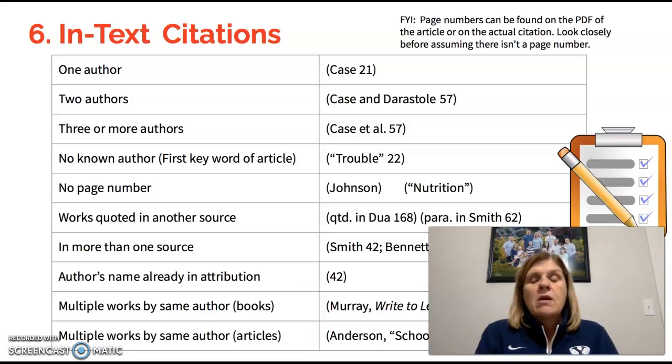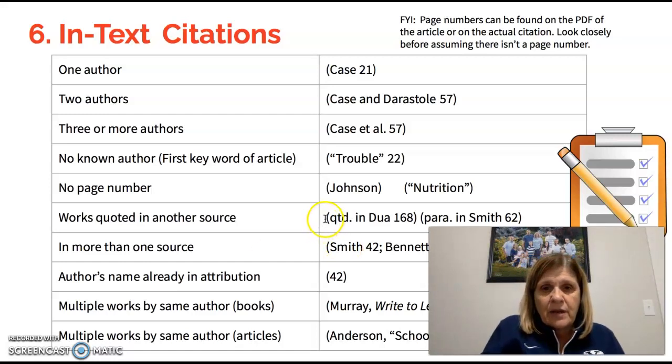So if your author of one of your sources quotes somebody else, and then you come along and decide you would like to use that information from the person that they quoted, you have to do it differently. So I'm just going to highlight this one right here.